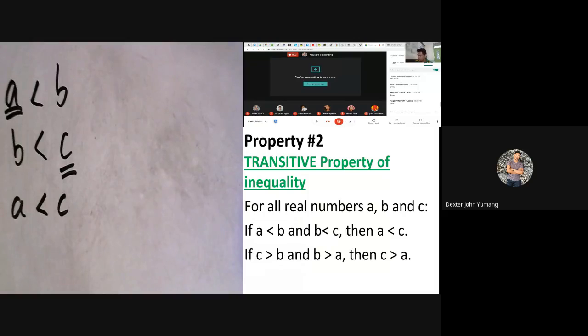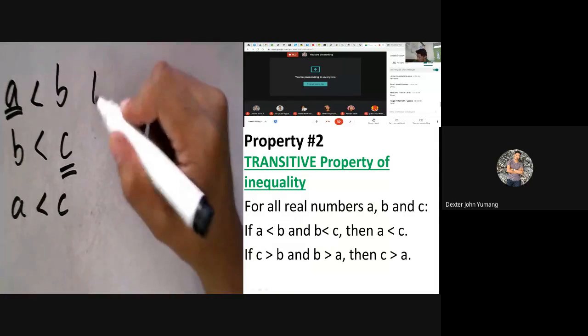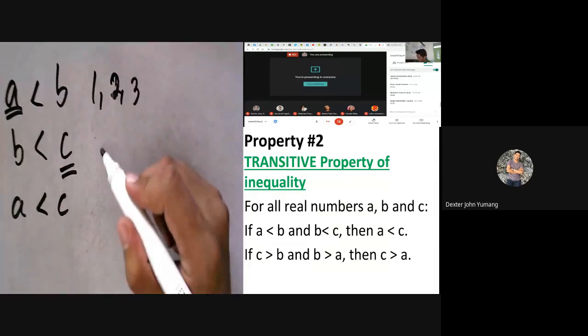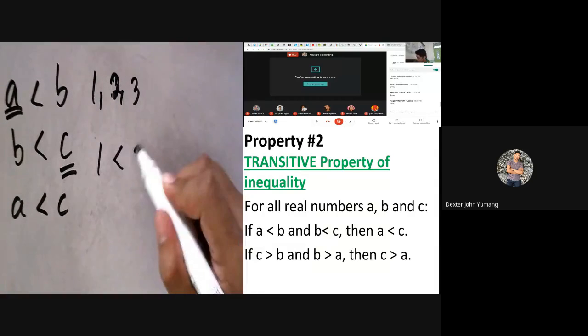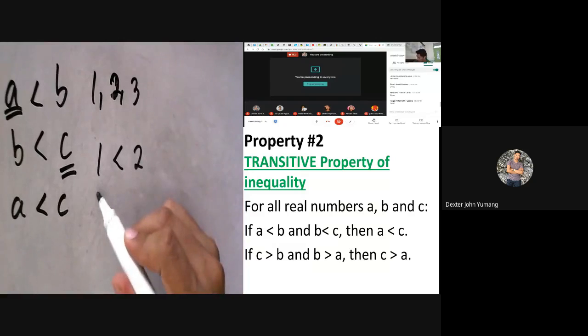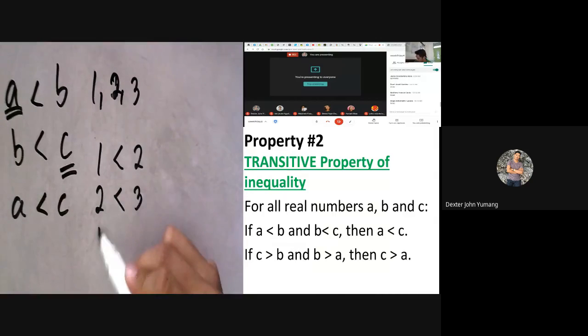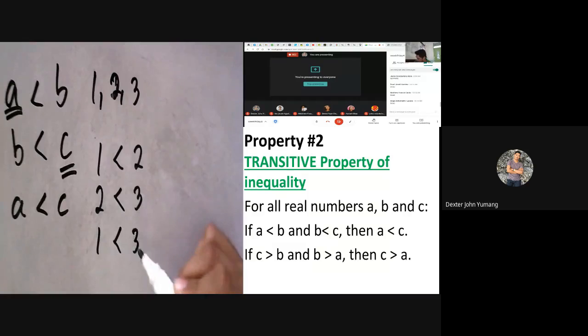Okay? I'll give you another example. If there are numbers 1, 2, and 3: 1 is less than 2, correct? Then 2 is less than 3, correct? So we can also say 1 is less than 3. They are all true.